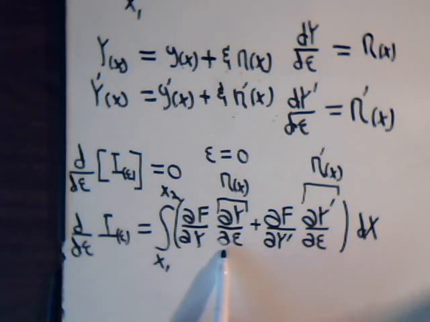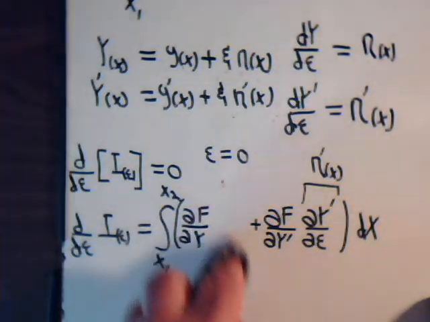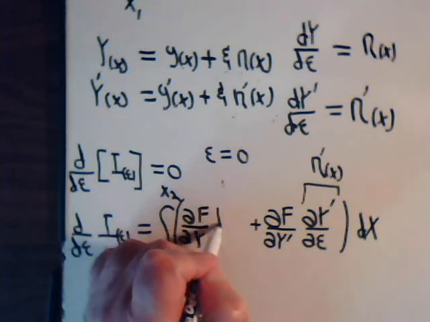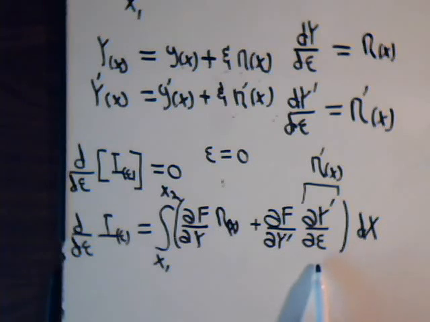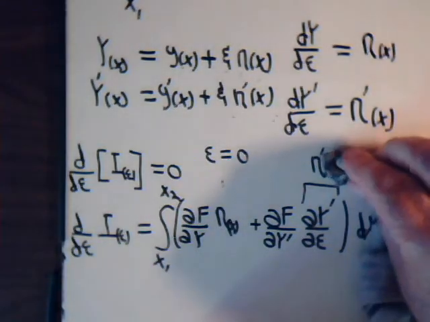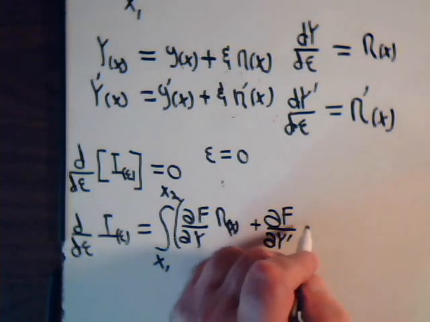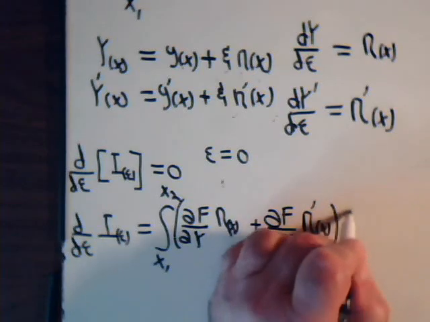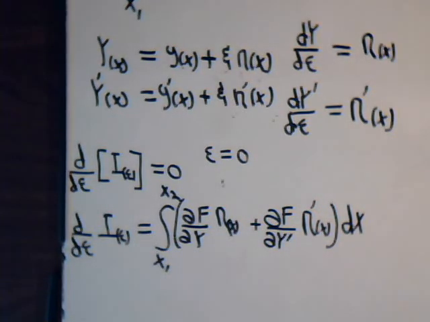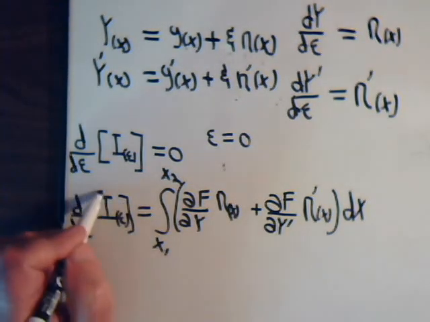So we're going to have nu of x in place of this. And here we're going to have nu prime of x in place of this. dx.